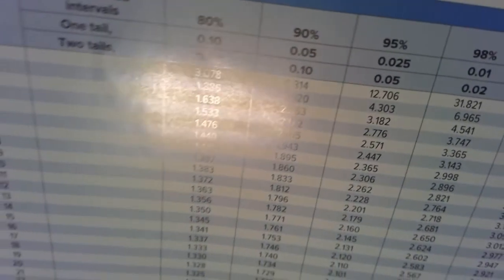is that looking at one of these columns, notice that the values are decreasing. Focusing in on the 95% column, the values are all decreasing as we go further and further down, all the way to the very bottom.